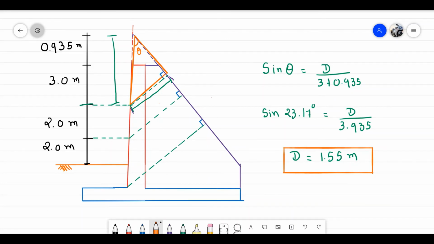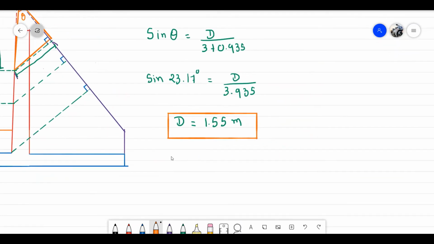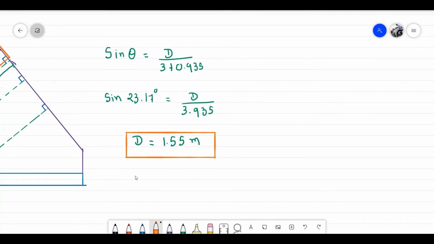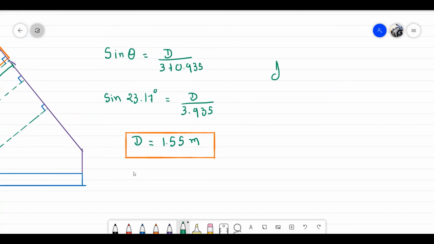Now assume the cover we provide is 80 mm. So we provide cover 80 mm. Therefore, small d is equal to 1.55 minus 0.08, because we provide this cover, right?